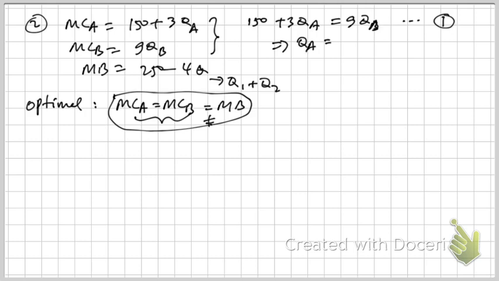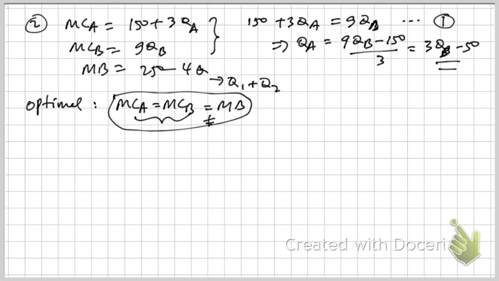So this becomes qa equals 9qb minus 150 divided by 3. So 9 by 3 is 3qb minus 50. 150 divided by 3 is 50, so we have found that at the optimal point qa must be 3qb minus 50.